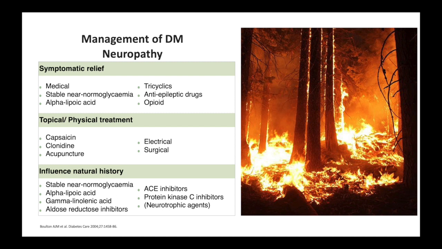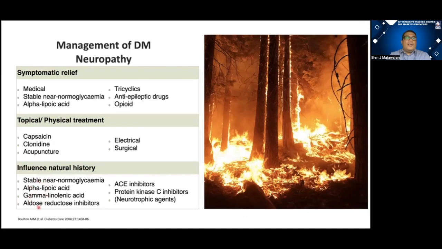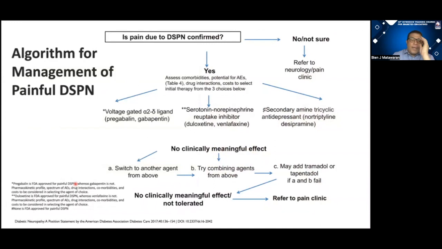As for management, you have symptomatic relief. There may be topical or physical treatment, and treatments that may influence the natural history, like making sure that your blood sugars are controlled. In the diabetic neuropathy position statement of the American Diabetes Association, they now recommend that you may use your voltage-gated calcium channel alpha-2-delta ligands, your pregabalin and gabapentin, as first-line treatment, your serotonin norepinephrine reuptake inhibitor, or even your tricyclic antidepressant.